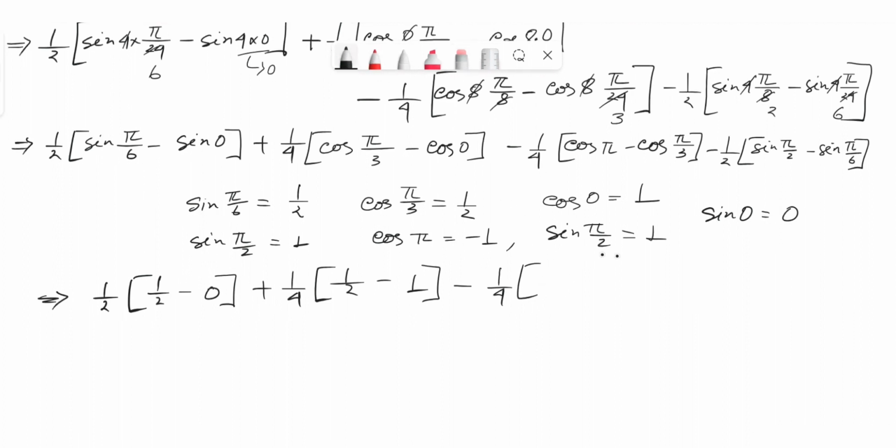This will be cos pi is minus 1, minus cos pi by 3 is 1 by 2, minus 1 by 2. Sine pi by 2 is 1, minus sine pi by 6 is 1 by 2.